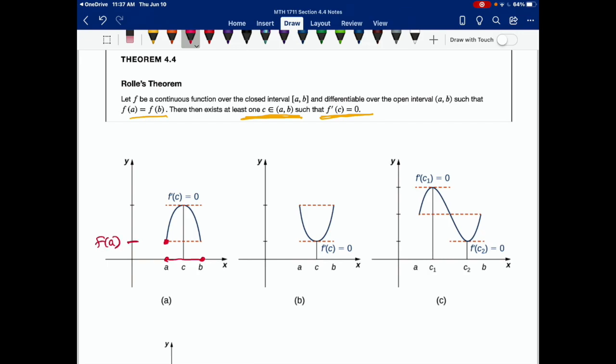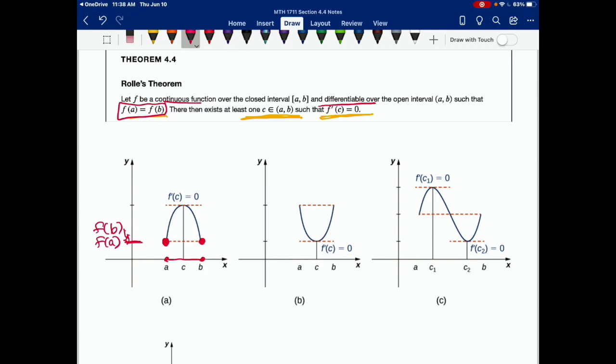And if you notice, if I plug a into the function f, I get the same value for f of b, right? These values here are the same. So that's what this means here. So we already met the criteria that it is continuous and differentiable over that interval AB. Now we've also shown that if I plug in the two endpoints, I'm going to get the same y value.